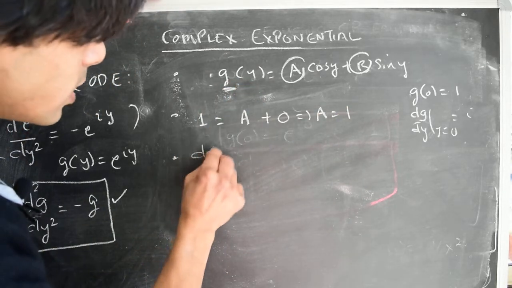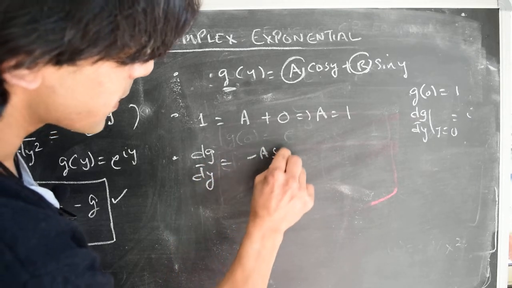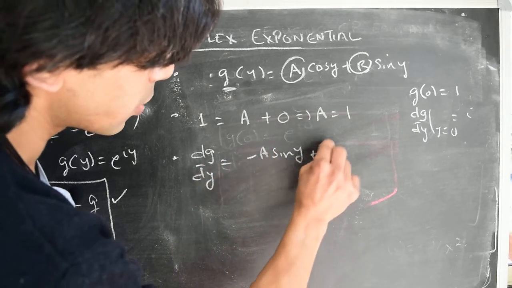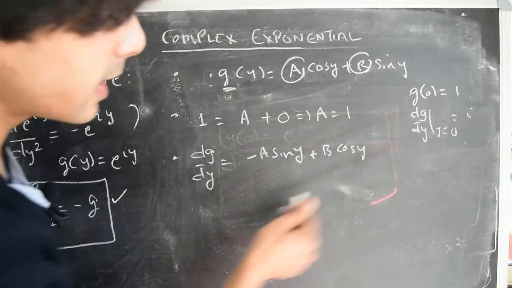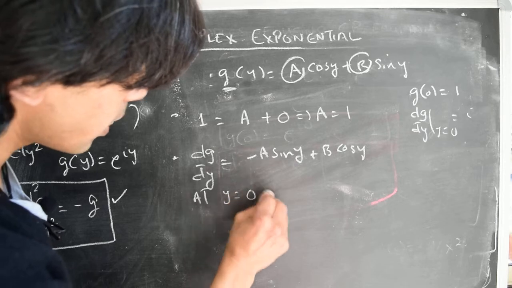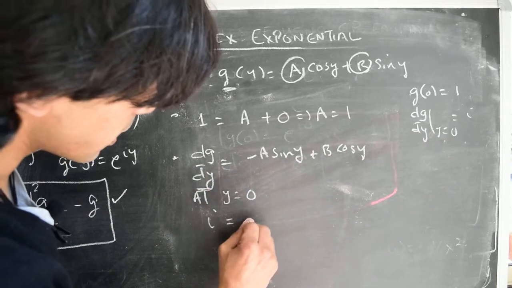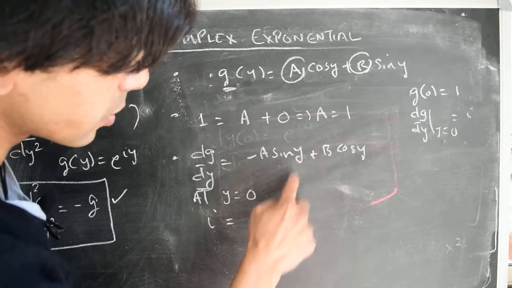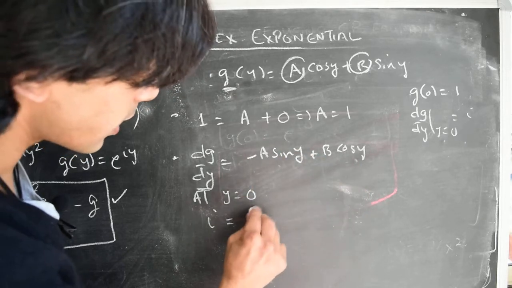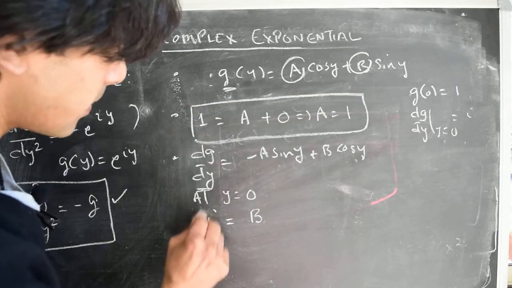If we differentiate this once, then dg dy is minus a sine y plus b cosine y, and then if we evaluate this at y equals 0, the left hand side should be i. At y equals 0 the sine factor goes to 0, cosine of 0 is 1, and this gives us b is i. So we have a is 1 and b is i.